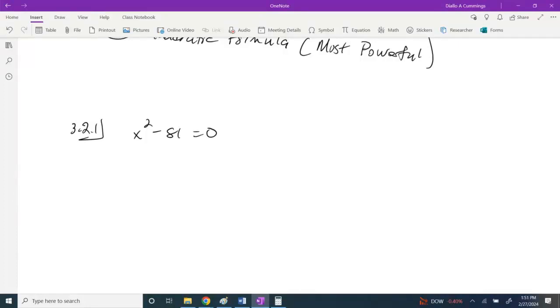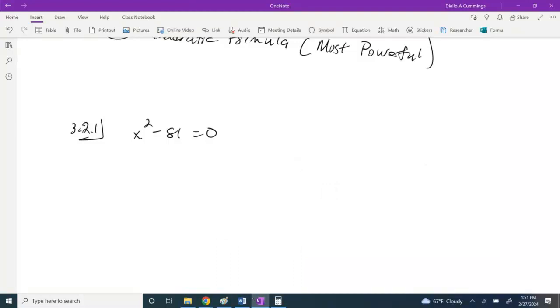Now, normally when you factor, you would preferably look at a trinomial. A trinomial is just a polynomial with 3 terms. Here we have a binomial. And there's a special formula you can use to factor this. And it's the difference of squares.